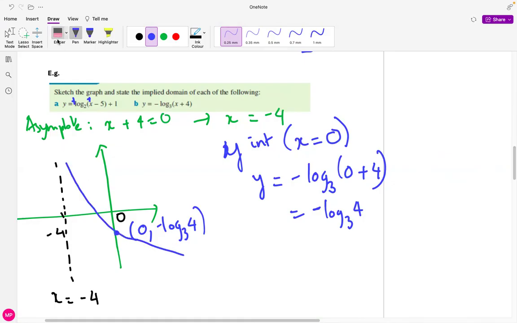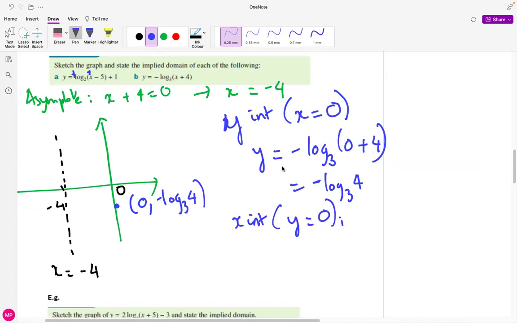Now I find the x-intercept. To find the x-intercept, I make y equal 0. I would have negative log 3 of x plus 4 equals 0. The negative, you can bring it over, so it becomes 0. Now, to get rid of log 3, you're going to do 3 to the power of the whole thing.